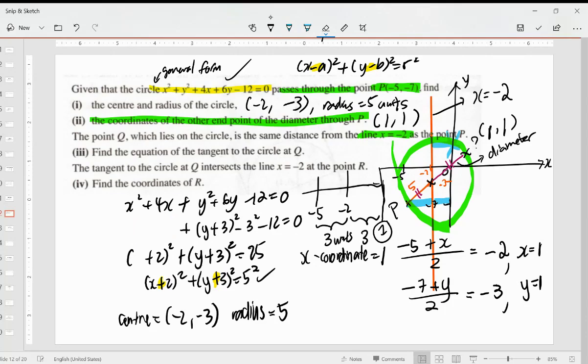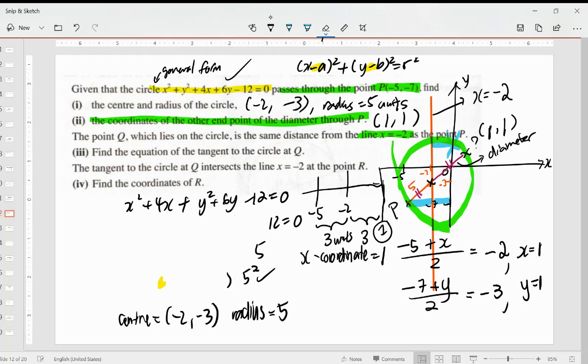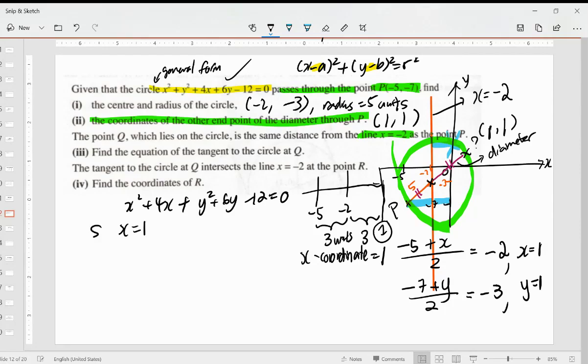If we look back at the original equation, all we need to do is substitute the coordinate that we have to find the other coordinate. So when x equals 1, we get 1 plus 4 plus y squared plus 6y minus 12. So you get a quadratic in y, and you're going to solve this.